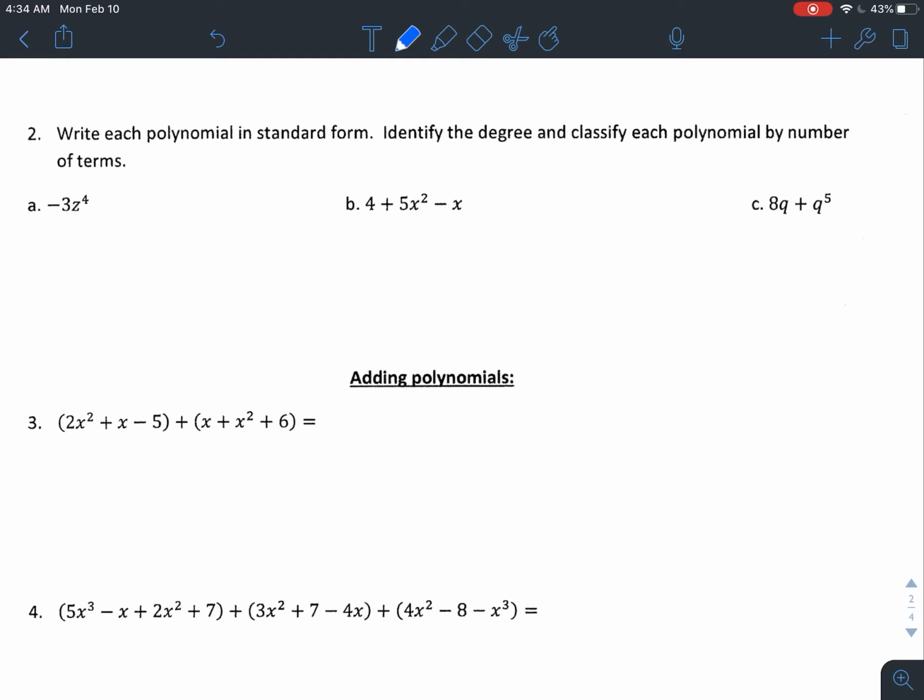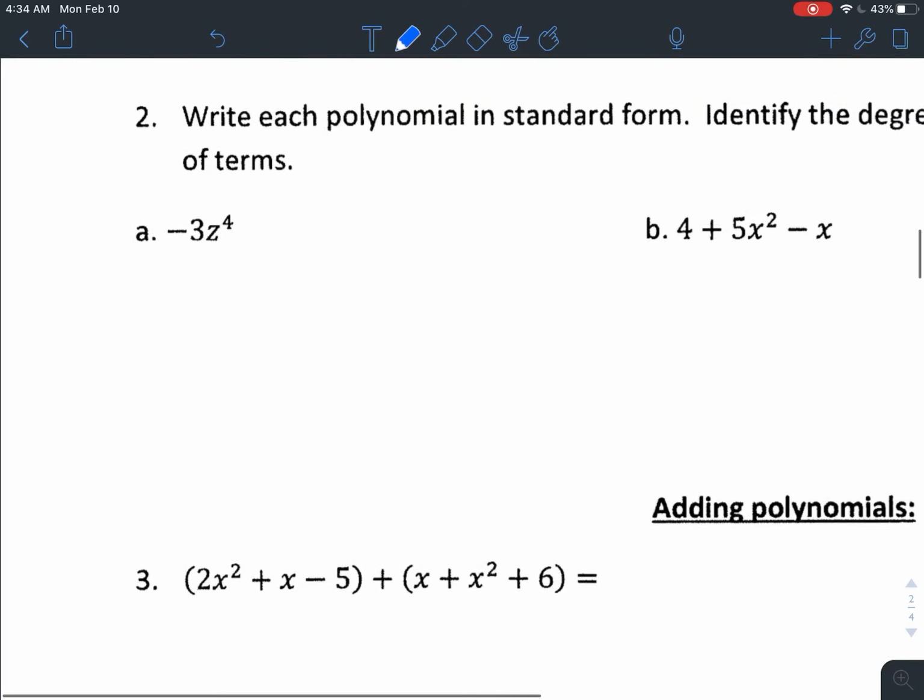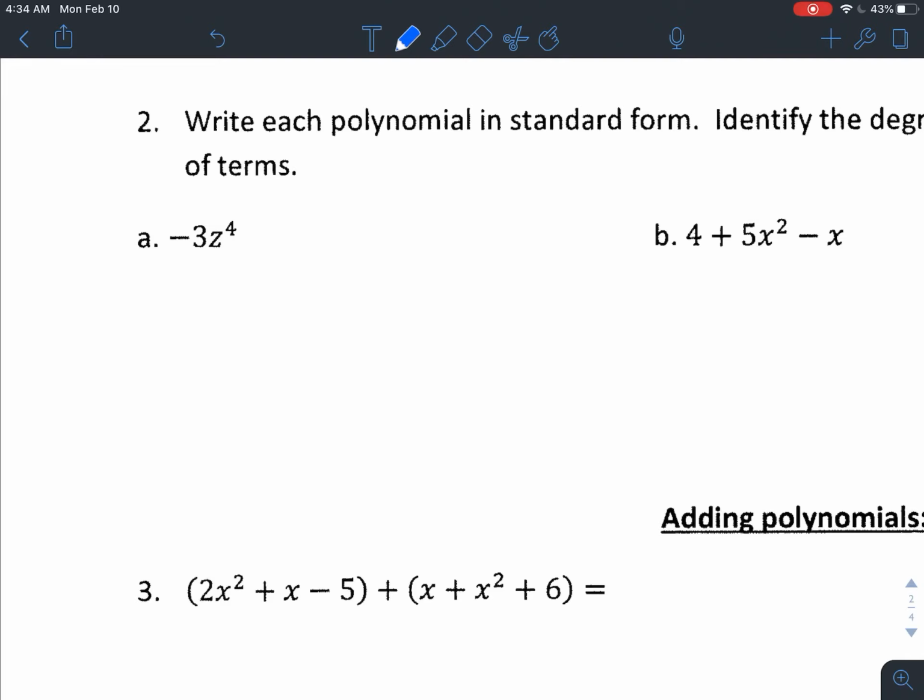So that'll just be the one distinction between what we did on the front side and what we're doing back here. So for 2A, if it's a monomial, which is the case here, it's just a single term, there's nothing you have to rearrange. It's already in descending exponent order because it's just a single term. Nothing can go first or second if there's only a single term. So that's already in standard form, so we can just leave it like that.